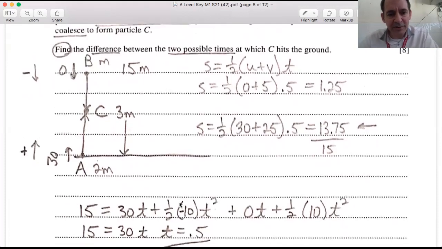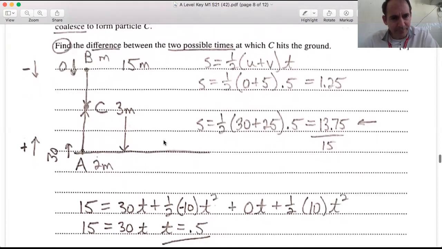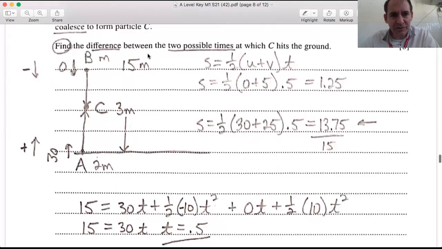Right now, we want to find out how much time it takes before the objects hit each other. The total distance that's covered is 15 meters. Again, we're going to use our SUVAT formulas for distance: the distance that A covers plus the distance that B covers.